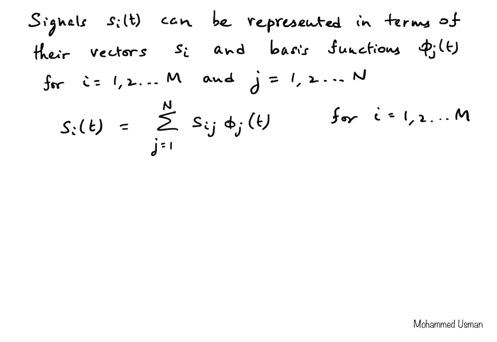Basically we multiply each element of the vector representation of the signal with the corresponding basis function.